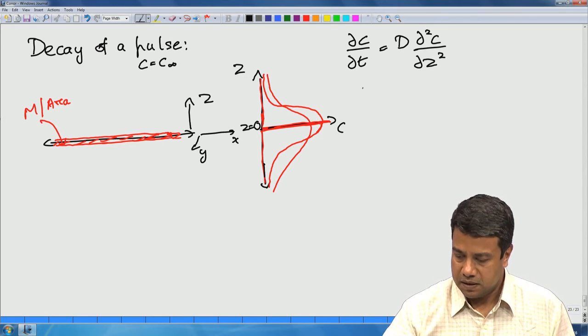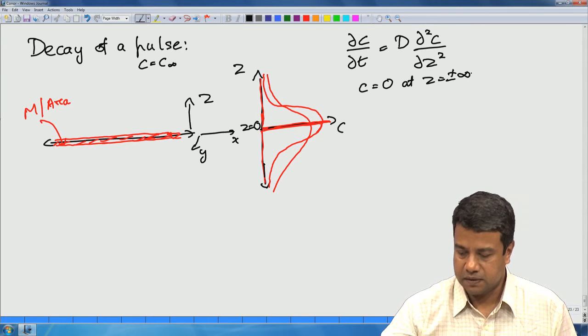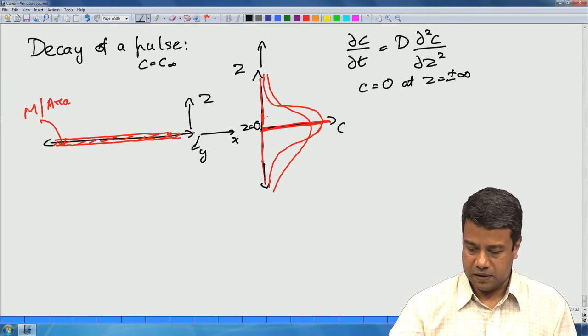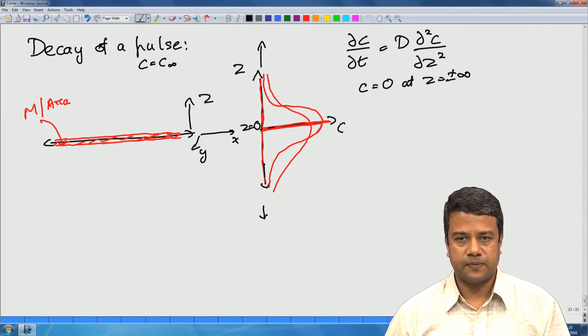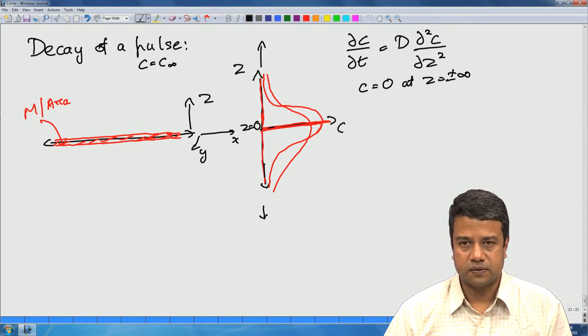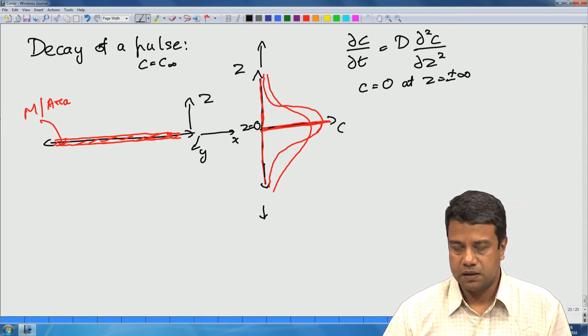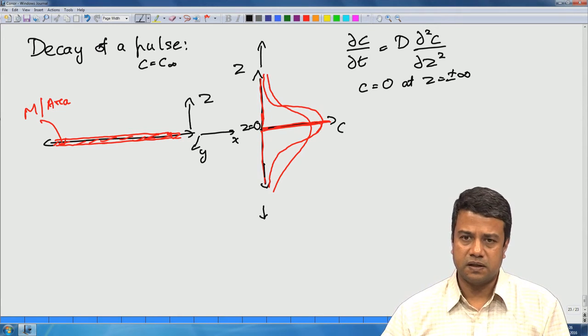The concentration should be equal to 0 at z equal to plus or minus infinity. As you go further and further away from this initial pulse, as z goes to plus or minus infinity, the material has not diffused there yet. So, the concentration has to be equal to 0. Those are the boundary conditions for the concentration at plus and minus infinity.